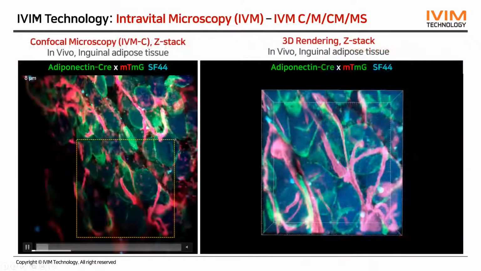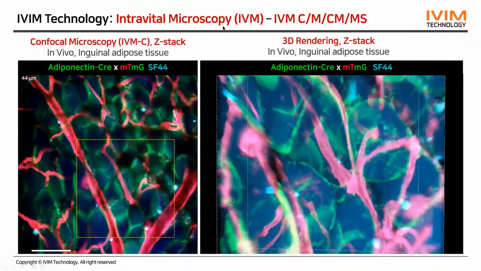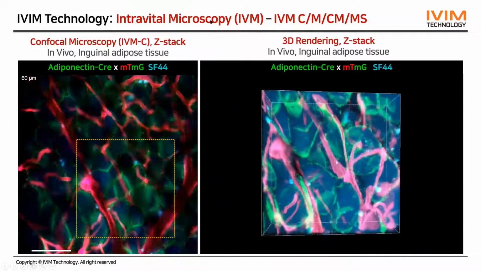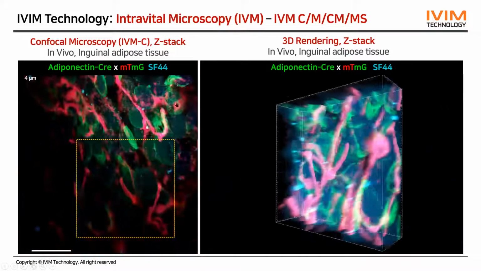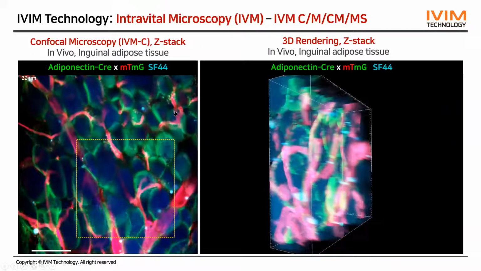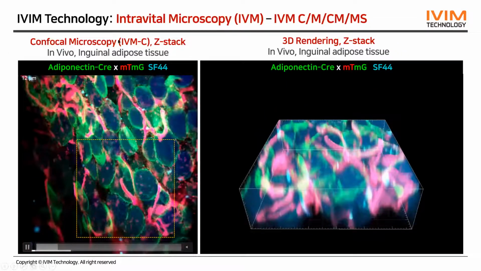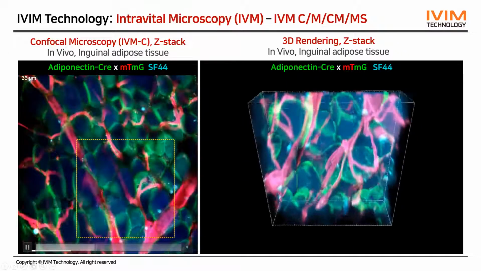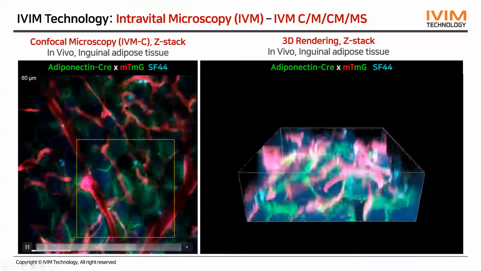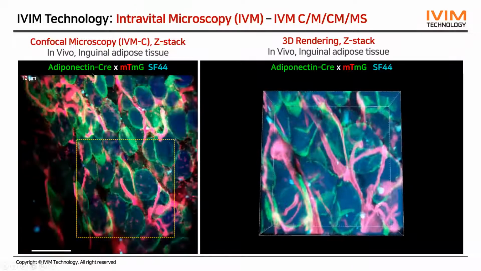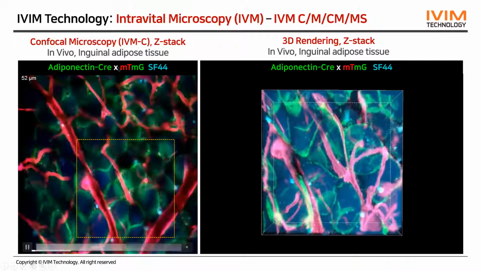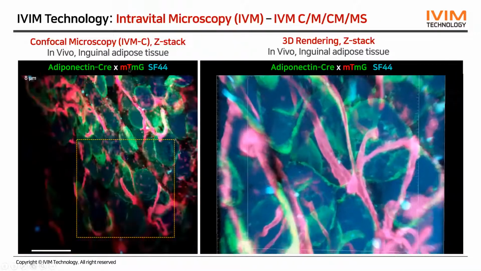The IVIM Technology IntraVital Microscopy system can obtain these Confocal images or Two-Photon imaging or both of them at the same time. This is an example obtained from the inguinal adipose tissue in a live animal model. In this particular example, we imaged the adiponectin-Cre mouse crossed with the MTMG mouse.